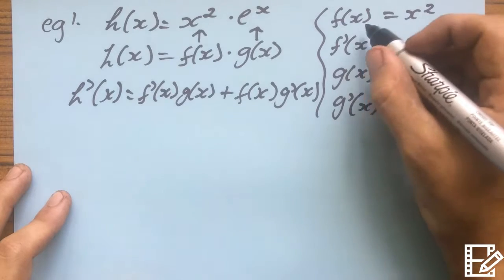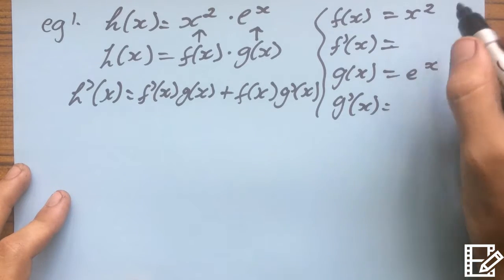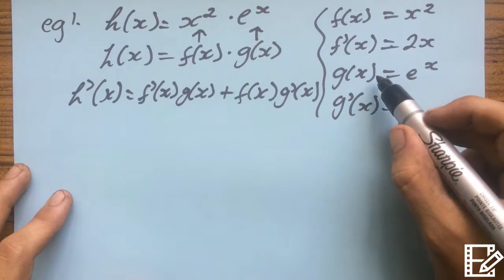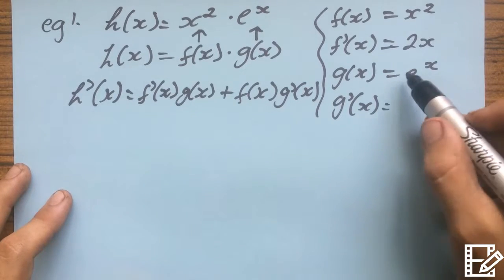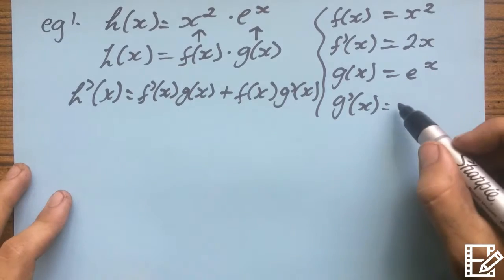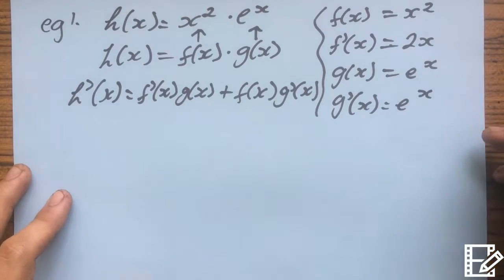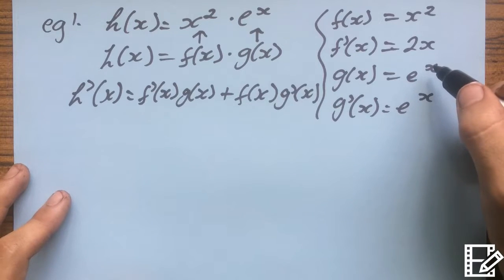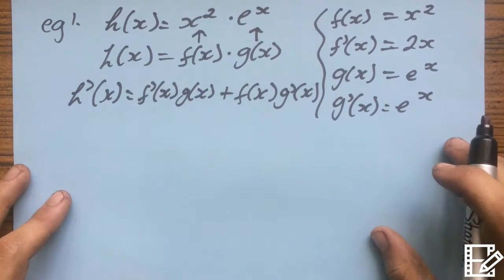So, the derivative of f(x), f(x) being x squared, will be 2x. And the derivative of g(x), g(x) being e^x, is just e^x. As shown before, when you derive just e^x, you end up with just e^x.